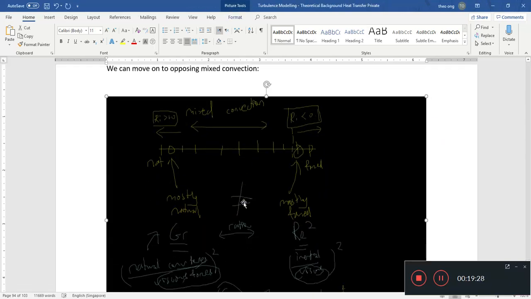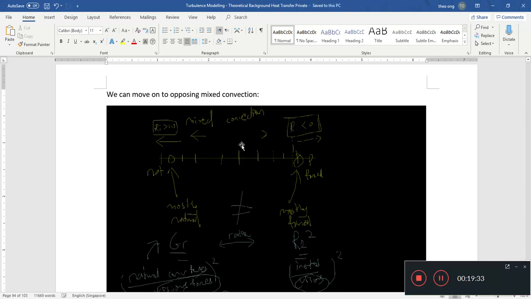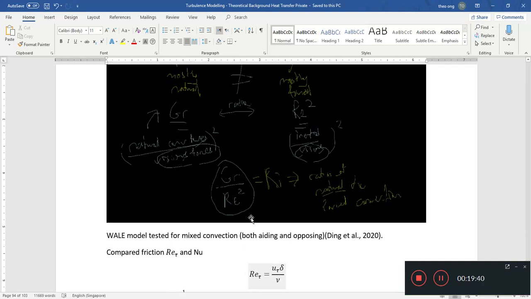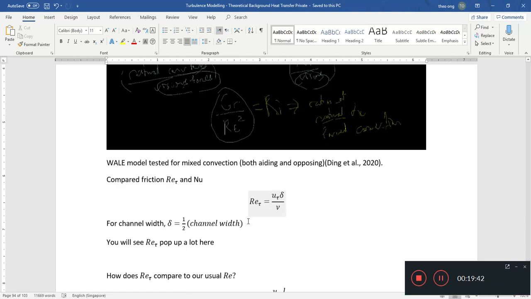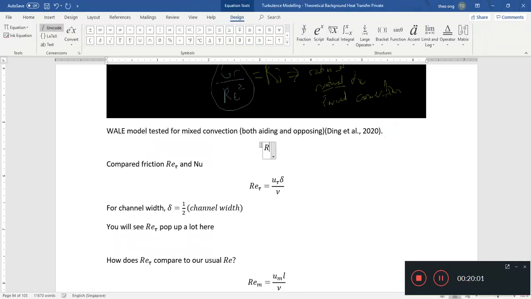So we want to move on to opposing mixed convection, right? Opposing mixed convection is where the natural convection and the forced convection go opposite each other. And what is the typical Richardson number? We shall see in a bit. This paper comes from Ding et al., 2020. They compare the friction Reynolds number and the Nusselt number for a fixed Richardson number of about 0.048.